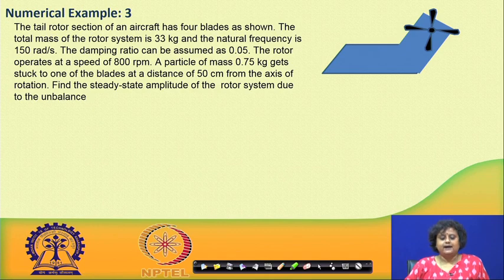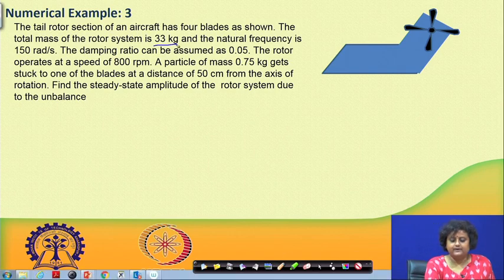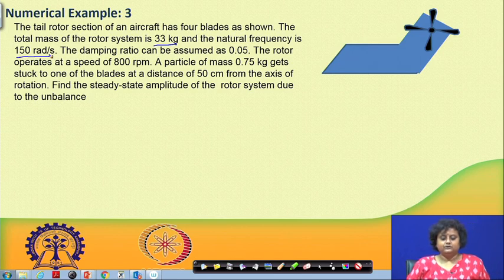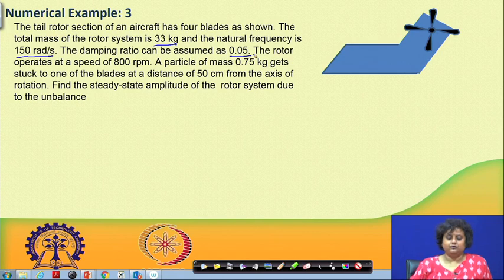The rotor has 4 blades. Now, the total mass of the rotor system, that is the mass of the blade plus the gearbox and the rotating machine, is 33 kg, and it has a natural frequency of 150 radian per second. The damping ratio is also given as 0.05.